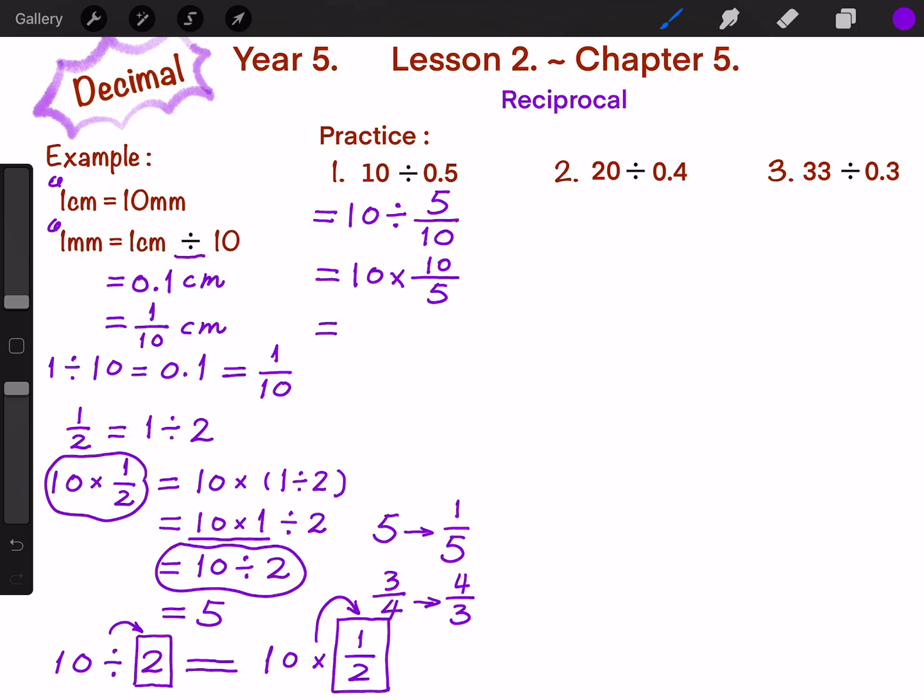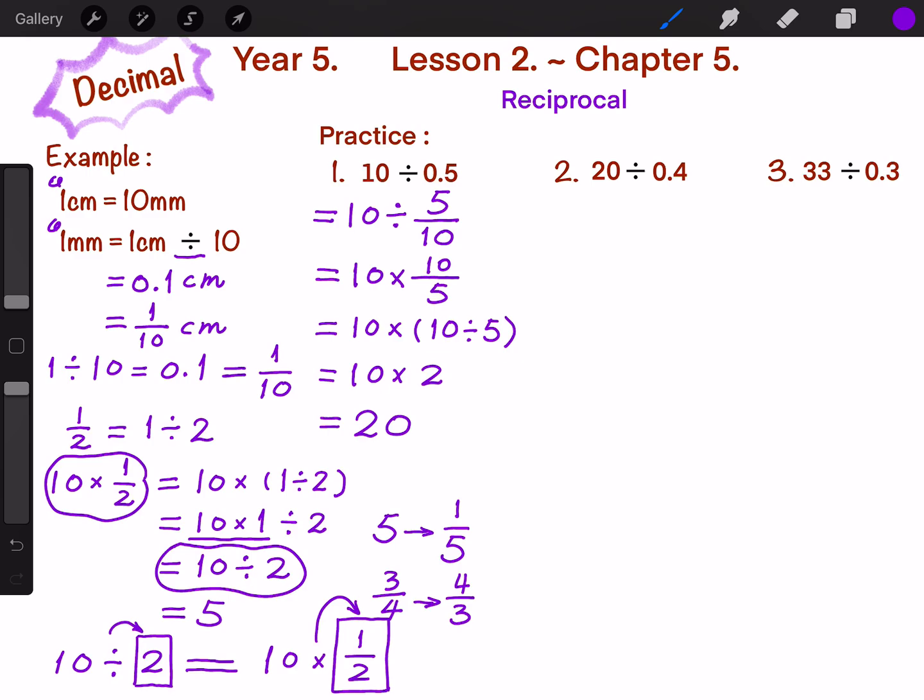And then we can get 10 times 10/5 can be written as 10 divided by 5. And then equals 10 times 2. Finally, we can get 20. Great.